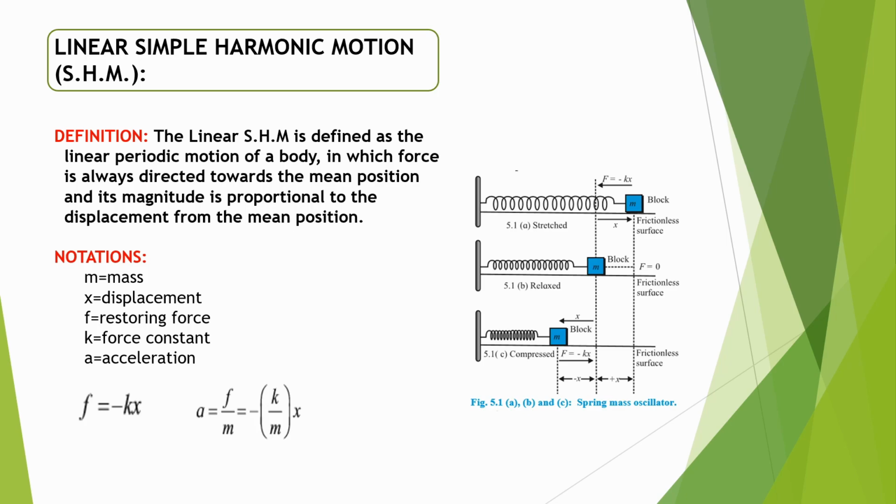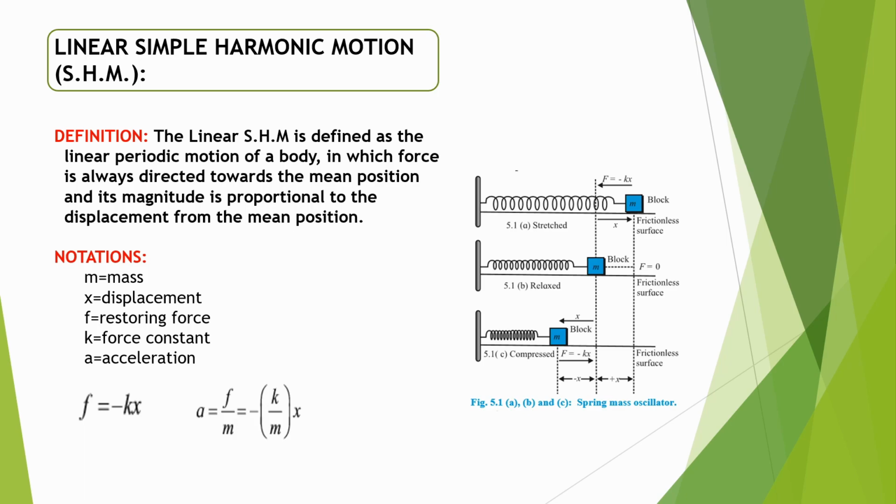Now if the block is released from the right position, the restoring force exerted by the spring accelerates it towards its mean position. According to Newton's second law of motion, force is equal to mass times acceleration, so acceleration a = F/m. Substituting F, we get a = -(k/m)x.